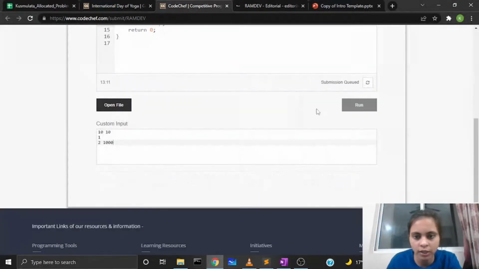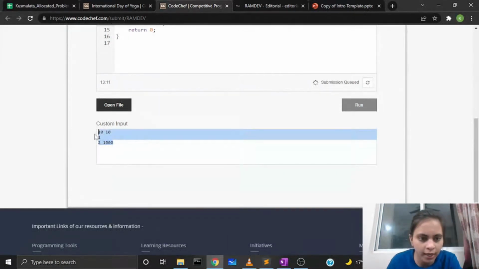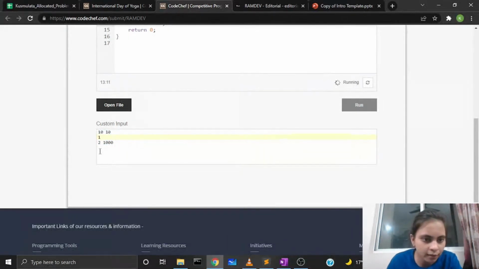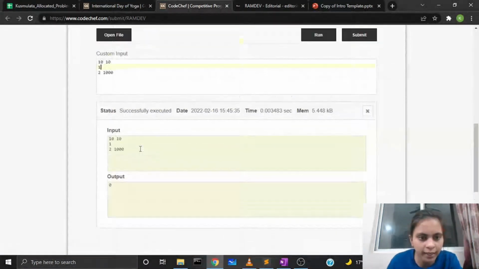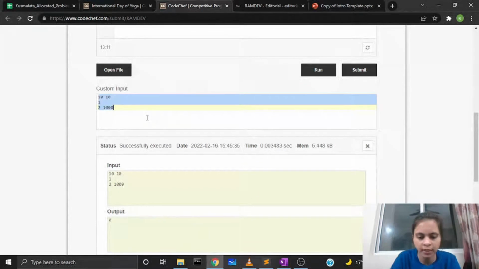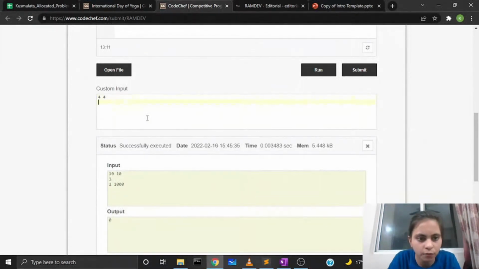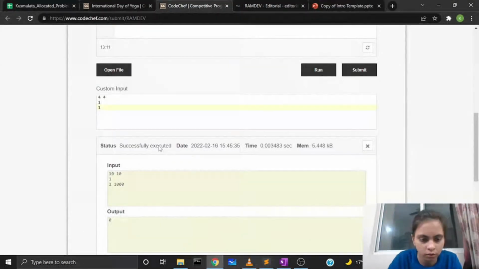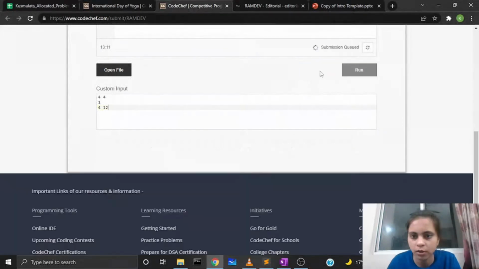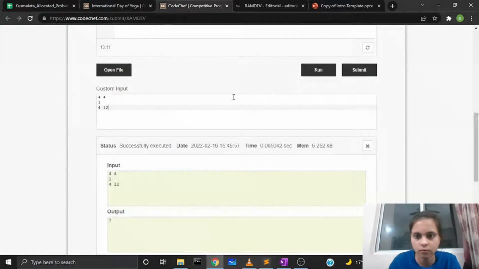Now let's run it on the sample test cases. So here I have put it as 10, 10, 1, 2 and 1000. So this is the sample input 2. So we are getting 0 for that. Now let's try another test case, which is 4, 4, 1 and 4, 12. So let's run it on this also. So we are getting 3 here, which is correct.